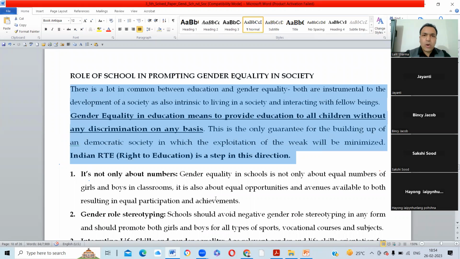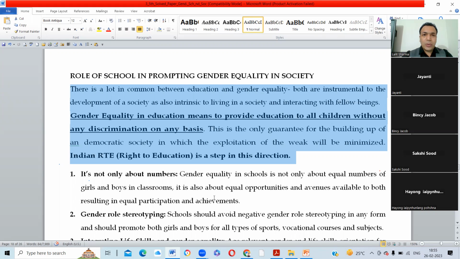There is a lot in common between education and gender equality, right? This is the reason, guys, education is called the third eye of a woman, third eye of a man. Why is it called the third eye of a man? Because each and everything we come to know from education only. Education is a practical side. Okay, you can say it is an engine.